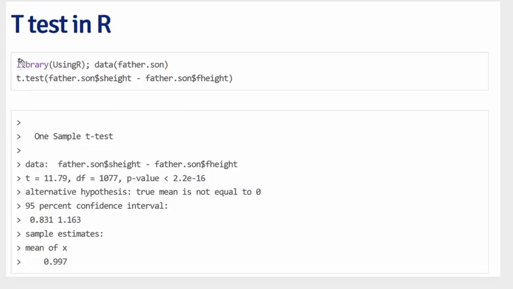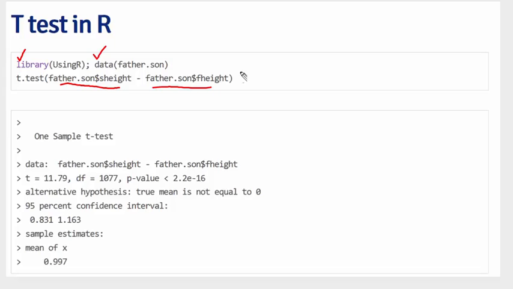Let's look at, in the UsingR package, the data father.son. And we'd like to test whether the population mean of sons' heights was equivalent to the population mean of fathers' heights. Now, the observations here were paired. It was one son's measurement to one father's measurement, and so on.